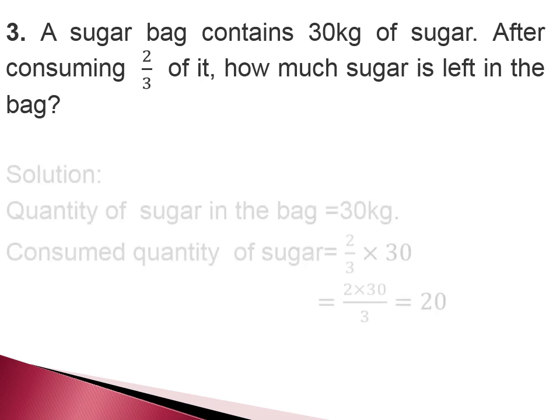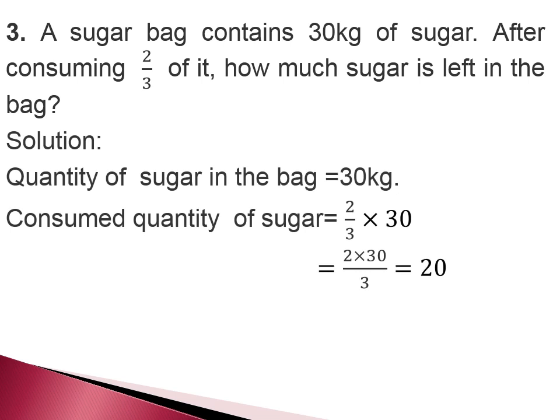Now what is given in the question? We will write the quantity of sugar in the bag, that is 30 kg. What is the consumed quantity? 2/3 of it means 2/3 into the total kg of sugar, that is 2/3 into 30. Simplify, you will get the answer 20. So 20 kg is the consumed quantity. Now what is asked in the question?